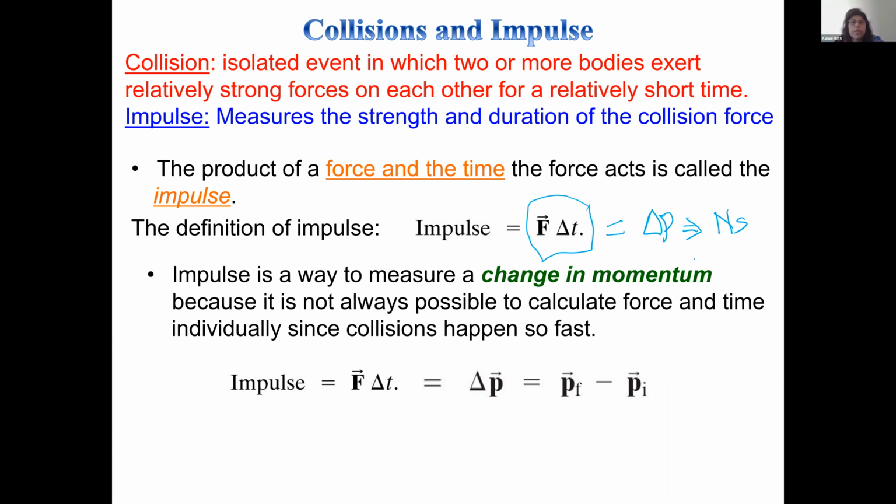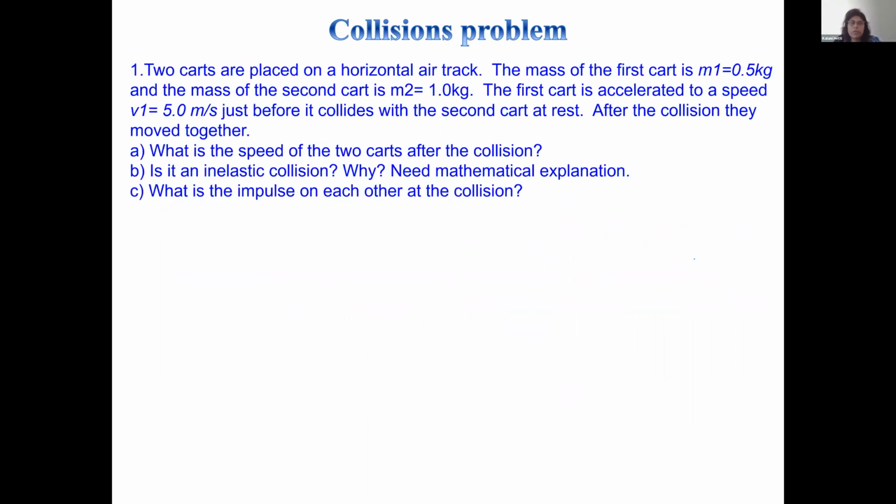Okay, so now I have some time for this. You guys are going to do problems during your recitation session, but I'm going to just initialize the problem. You may have exactly the same problem in your recitation, but this is to get an understanding of how to do things using momentum conservation. So I have a horizontal air track and I have two carts, masses are given, right?